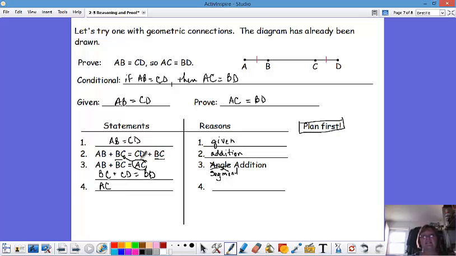This side said CD plus BC, and that's what we have right there. We know that that's the same as B to D. So we're going to replace that business with that. AC equals BD. And folks, that is a substitution. We swapped in equal pieces. Substitution.